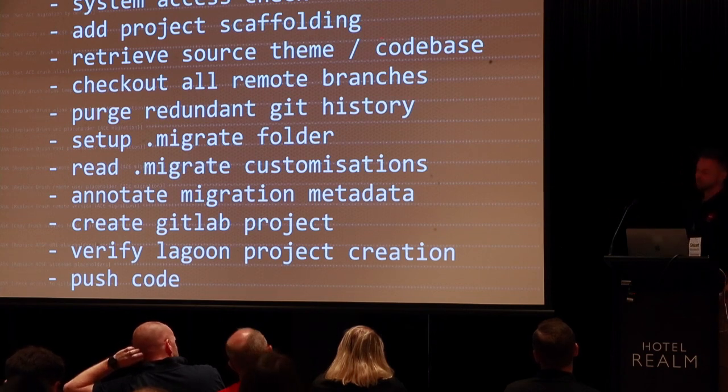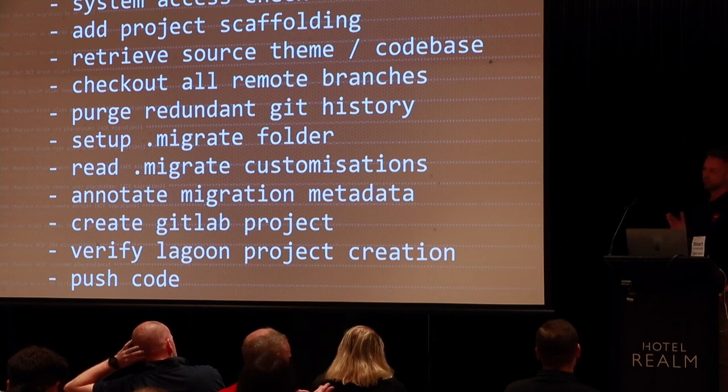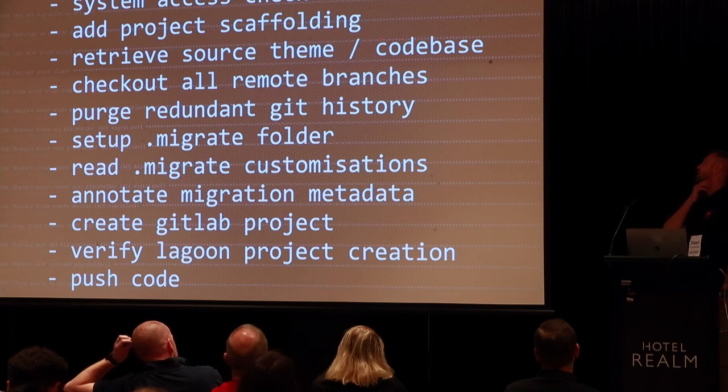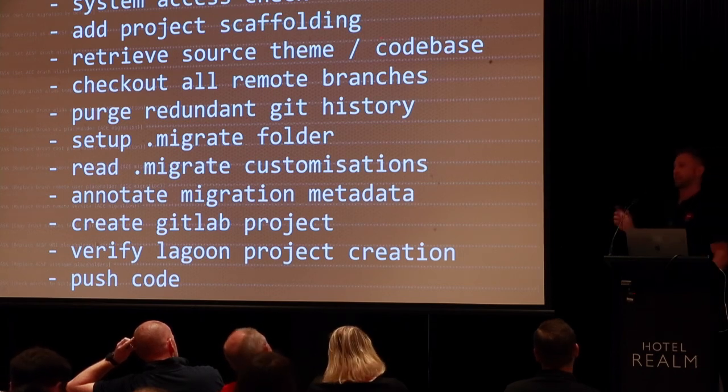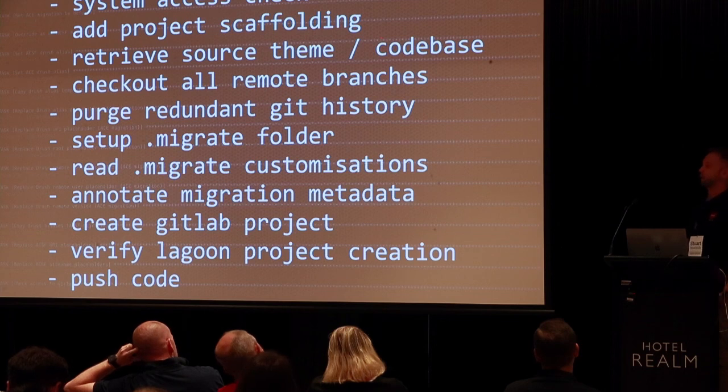We read in migrate customisations. So if one of these projects is run before, we actually have knowledge of the customizations that we need for each project. We annotate migration metadata, so this is where we go off to ACSF APIs. We query for things like domains associated with the website, and we populate that YAML file.